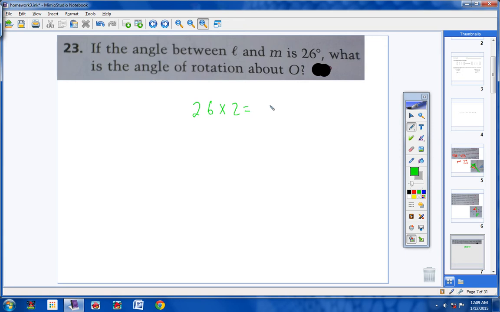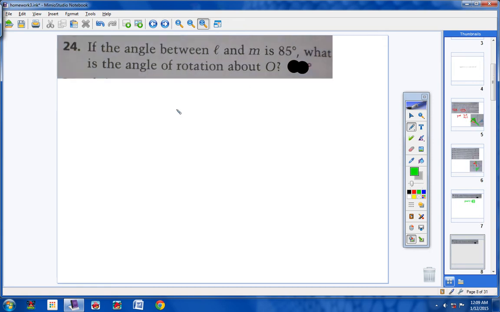So the answer to this would be 52. Pretty simple, not too difficult, okay? Let's take a look at number 24. Once again, they've given us the angle between the two lines, and they want to know the angle of rotation. So 85 times 2 equals 170 degrees.